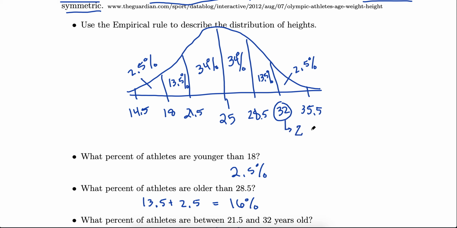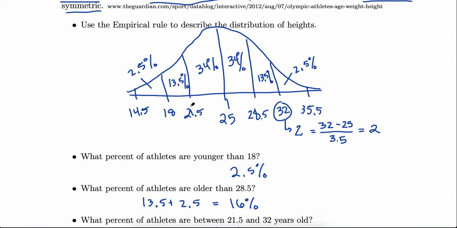We have our observation of 32 minus the mean of 25. We're seeing how far away that observation is from the mean over the standard deviation of 3.5. Work that out for a second, and you should get 2.